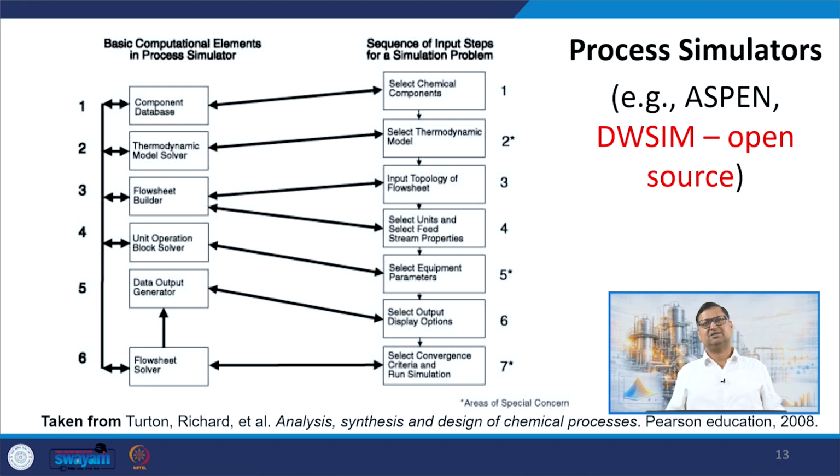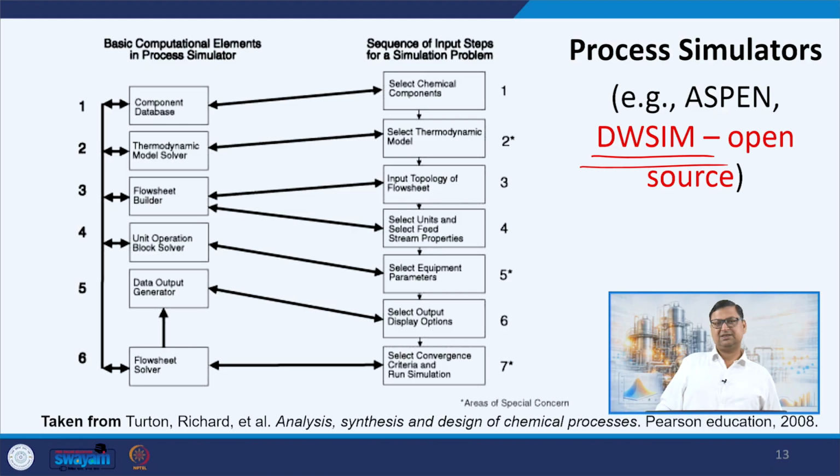There are softwares like Aspen, which is commercially used a lot, and there is also an open source software called DWSIM. What they essentially do is provide you ways in which you can draw flow sheets and perform calculations on the flow sheet, and essentially do all these synthesis, analysis, and optimization steps which I have shown you.